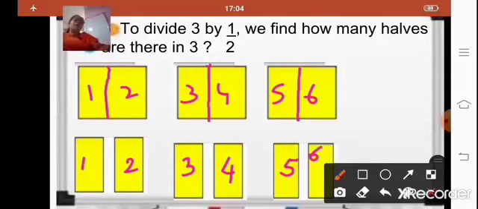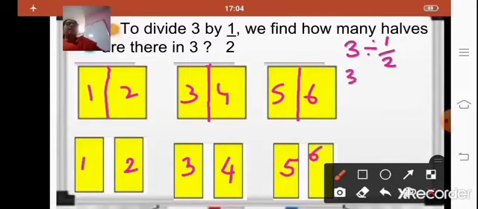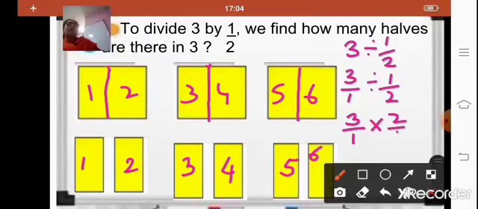So that means 3, when you divide it into half each, will be 3 upon 1 divided by half. When you write the reciprocal of half, that will be 3 upon 1 into 2 upon 1. So that means 3 2s is 6 upon 1. So your answer is 6.